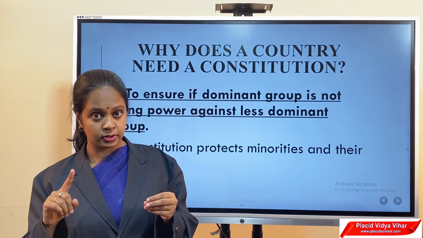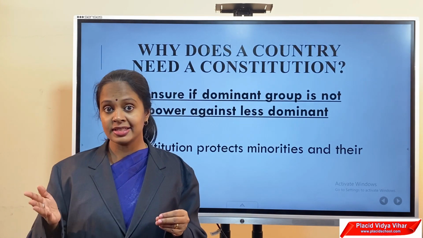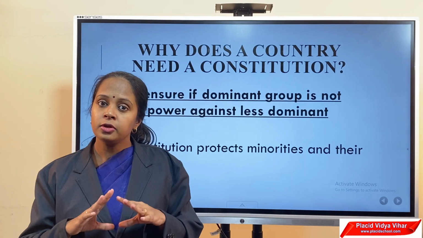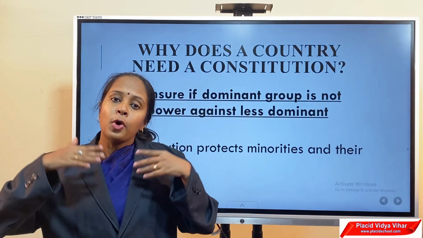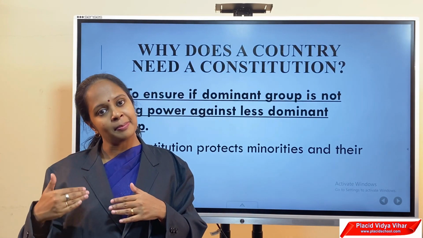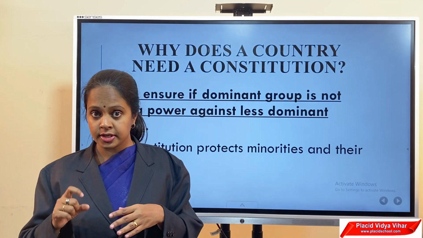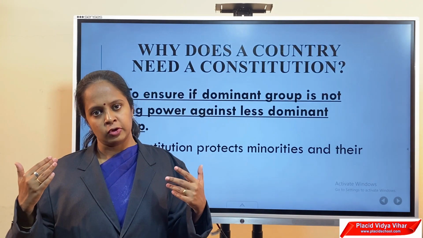Now you understood what is meant by a dominant group or less dominant group. A dominant group or majority group consists of more number of people, and a less dominant group or minority group consists of very few people.